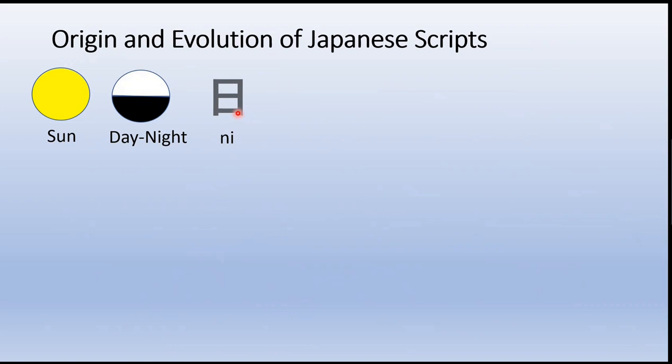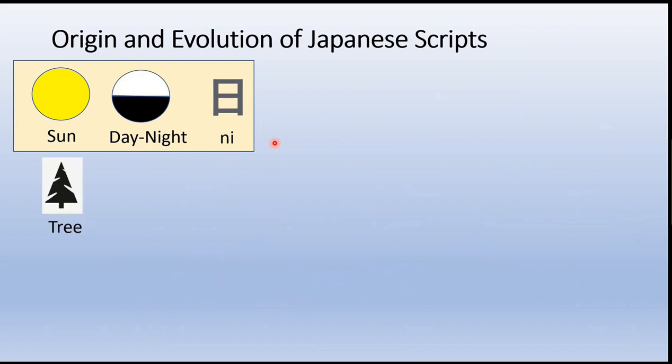Since the kanji shapes are more linear than circular, this circle and these two parts have been modified into this rectangular style of writing. And the sun is called ni. So this is one kanji, the kanji of the sun.